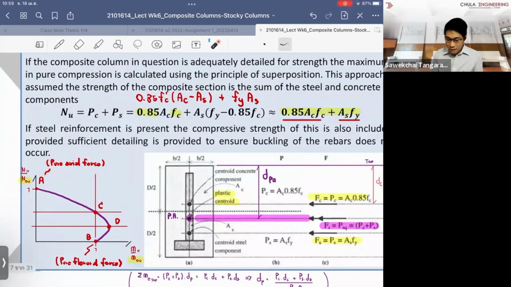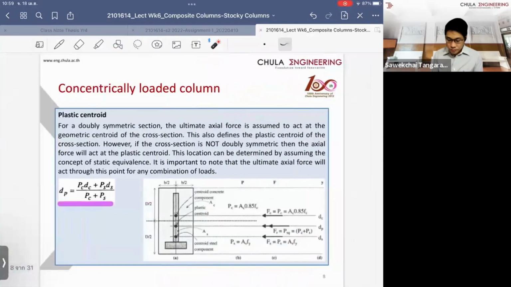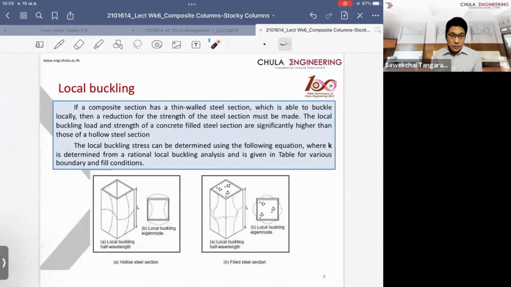The question that we have next is this: when the steel takes up the compression, it can be weak under the compression force, so it can fail. When it fails under compression at the local or section level, we are looking at what is called local buckling of the steel.